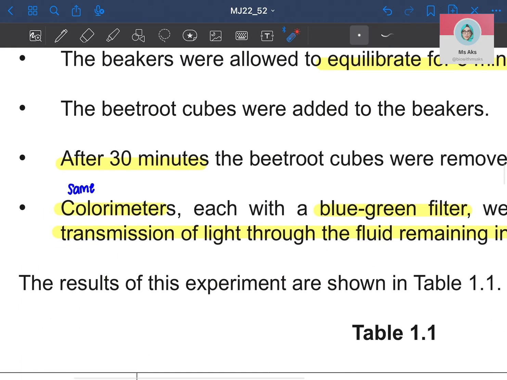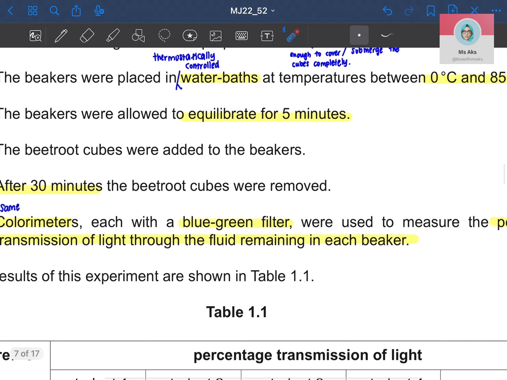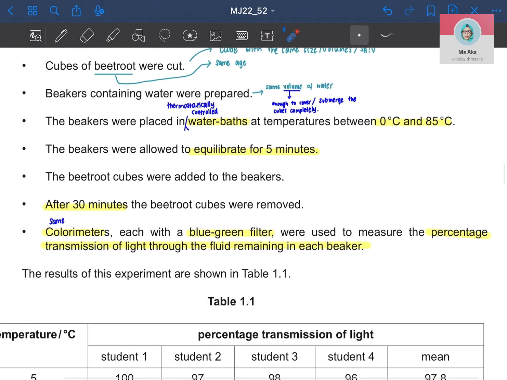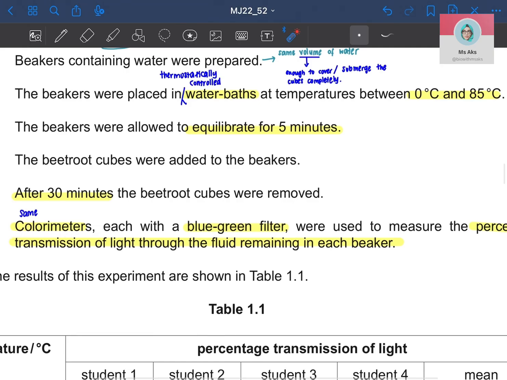Now the next bit is, because we're talking about pigments that are going to be entering this beaker of water, what we can do is make sure that this pigment is well mixed into the water before we actually put it into the colorimeter and take any reading.